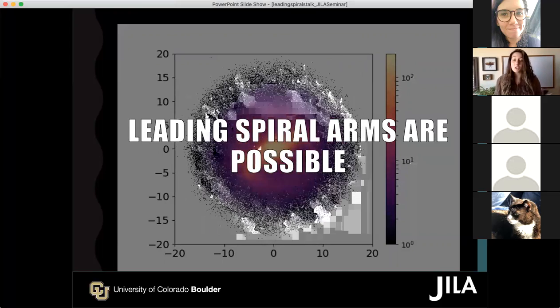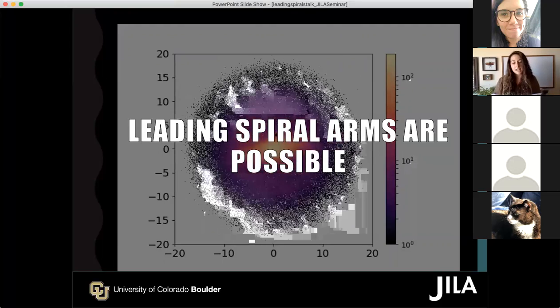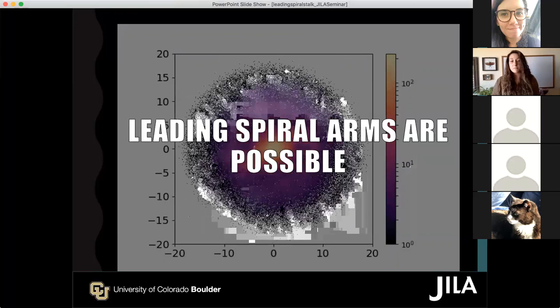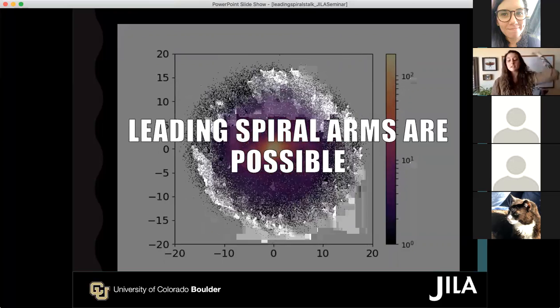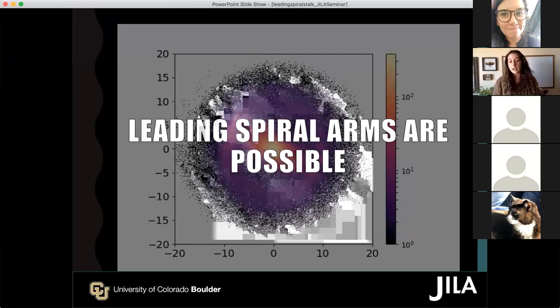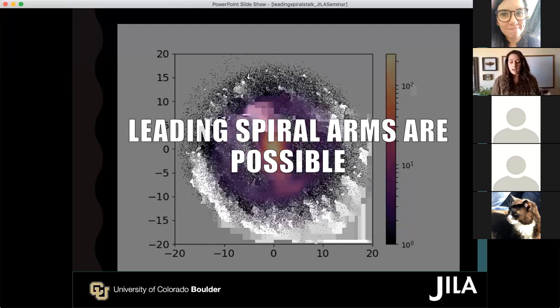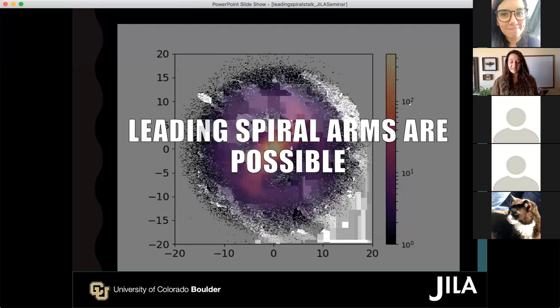When there is sufficient torquing on the bar, it will slow, moving co-rotation to large radii, resulting in leading spiral structure in the region between the bar and the co-rotation radius. These leading spiral arms act to move angular momentum to the inner halo. This is sufficient evidence that leading arms are in fact possible, which is really exciting.